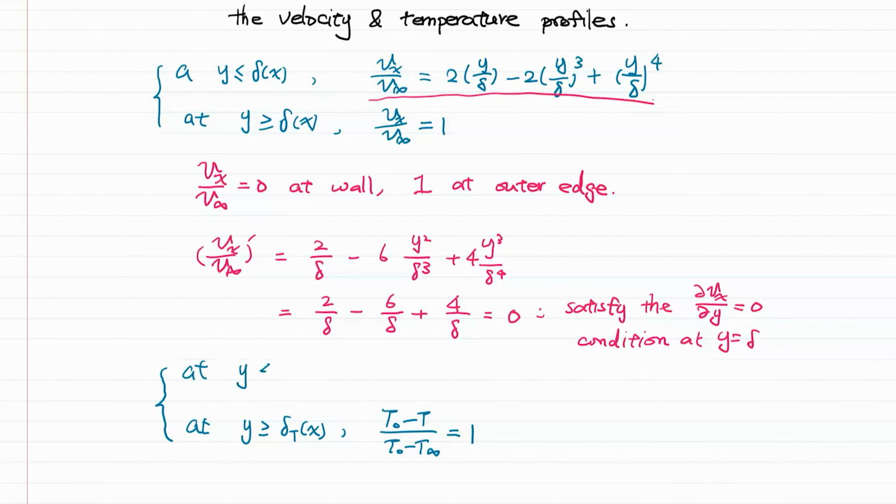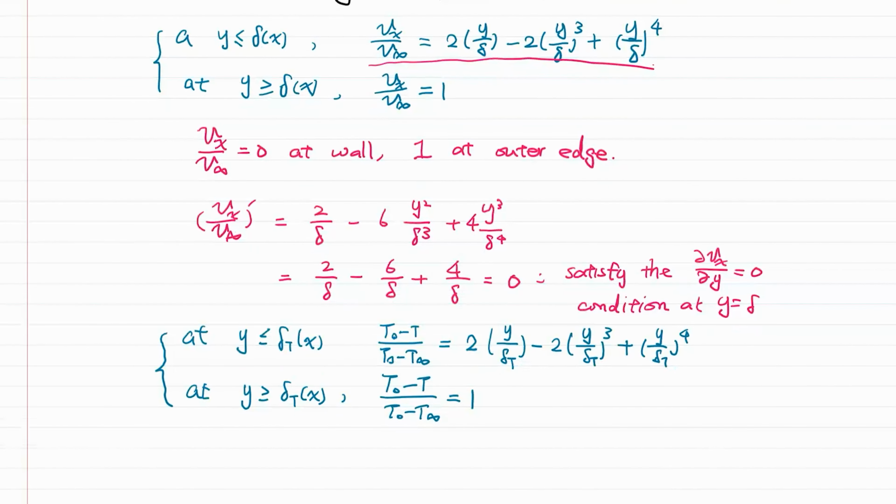At y smaller than or equal to the thermal boundary layer, using the same form, T naught minus T over T naught minus T infinite equals 2y over delta T minus 2y over delta T cubed plus y over delta T to the 4th power. You can see that they all agree with the same set of conditions.